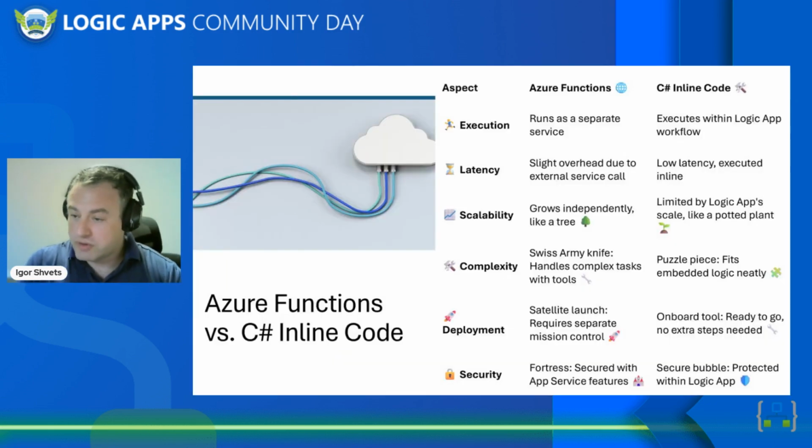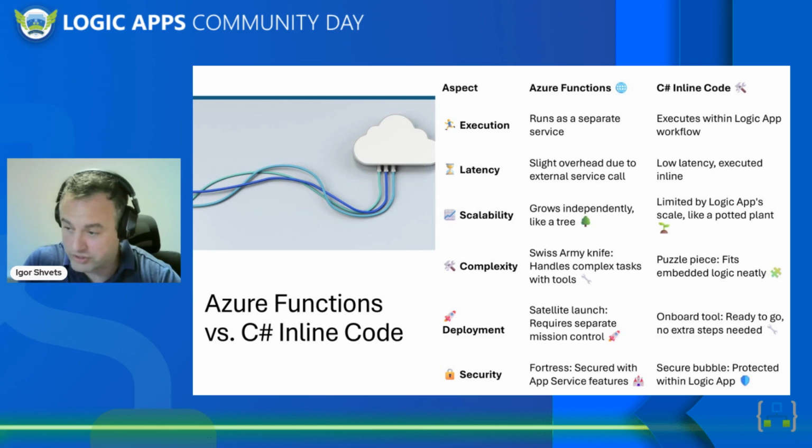Okay, so you might ask yourself, but we already have something similar. We can run C# code using Azure Functions. So it's very reasonable to ask yourself, why would you run inline code versus Azure Functions? So let's look at why you would use each one of them. Let's look at the execution. Azure Functions runs as a separate service. The C# inline code executes within the Logic Apps workflow. Latency: with Azure Functions you're going to have a slight overhead due to the external service call.